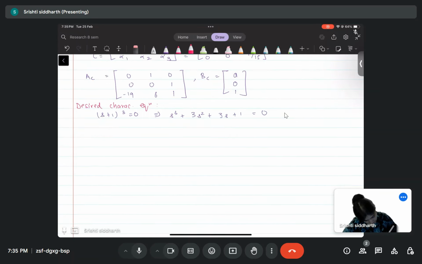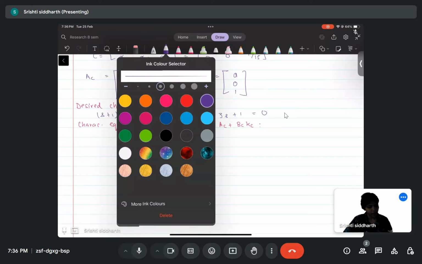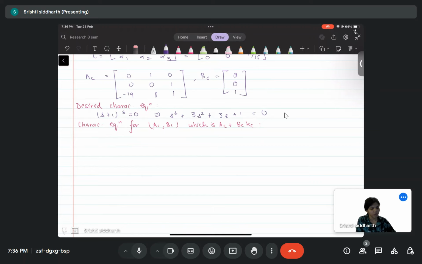And then we have the characteristic equation of the system, which is AC plus BC KC. Alright, so what we have to do, we have s cubed minus of this coefficient, which is just s.